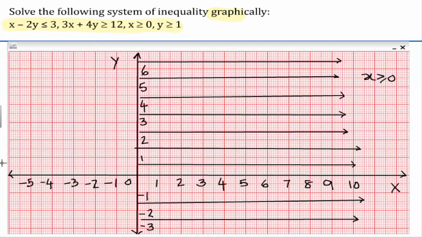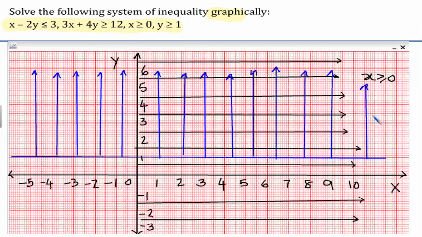So therefore the line will be here. And since y is greater than 1, the solution will be towards this. So blue lines will represent the solution of the inequality y greater than or equal to 1.